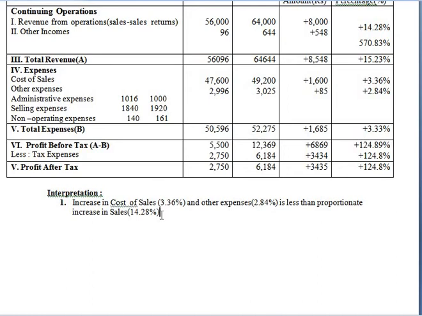So which shows that, right here, full stop, this indicates that the total expenses, now the total expenses is nothing but cost of sales plus other expenses.